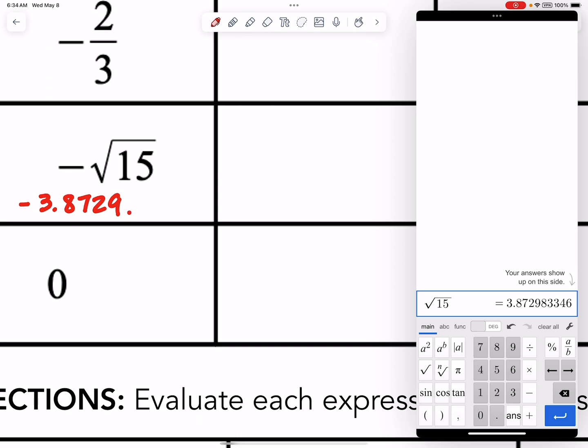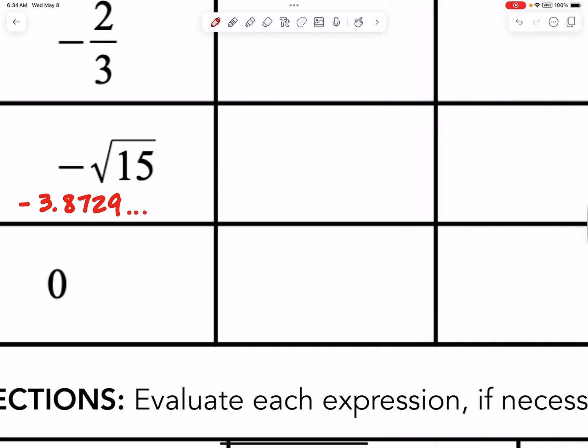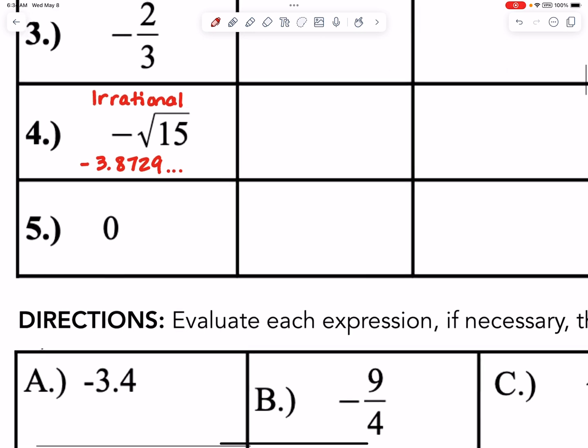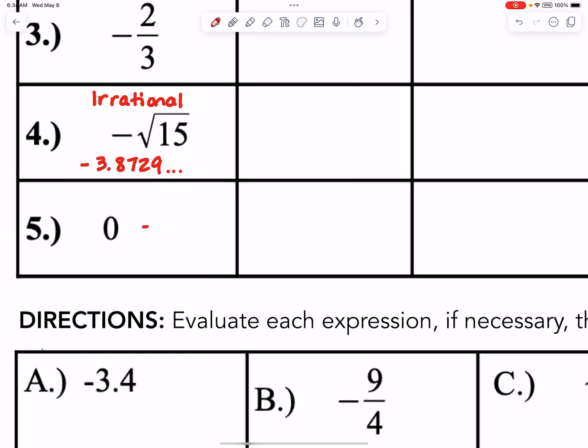I'm just going to put ... As soon as I realize it doesn't end, it doesn't terminate, and there's no repeating, I'm going to just go ahead and right away write irrational. Okay, because I know that's just going to fit in one category. And then 0 is 0. Could it be a fraction? Sure, it could be 0 over 1, right?